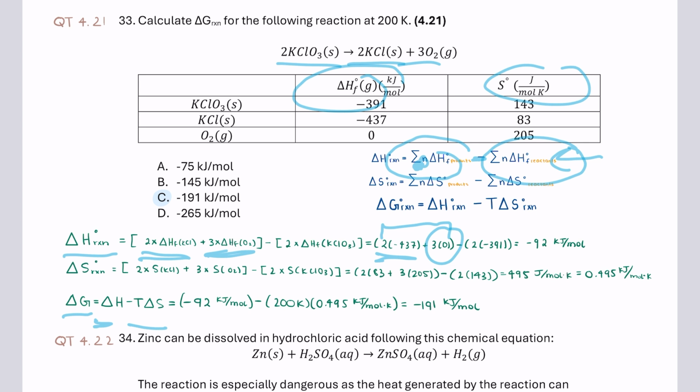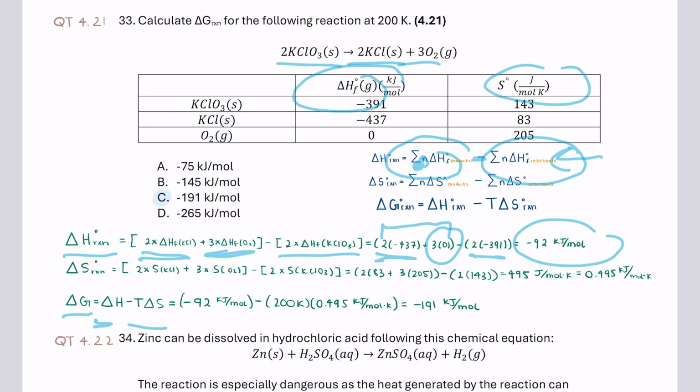Now for reactants, we have 2 moles of potassium chlorate, which has a standard enthalpy of formation of negative 391 kilojoules per mole. 2 times negative 391 gives us negative 782 kilojoules. So delta H equals the total for the products, which is negative 874, minus the total for the reactants, which is negative 782. That gets us negative 92 kilojoules for the enthalpy change of the reaction.